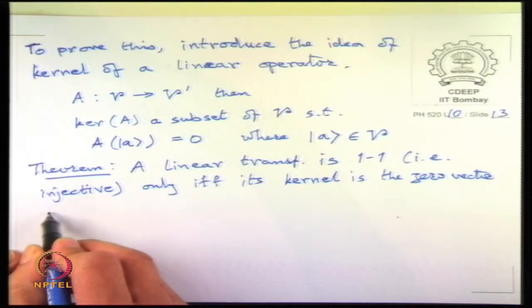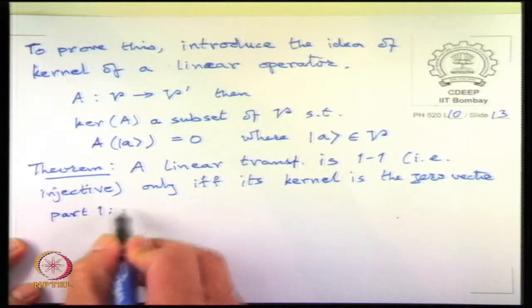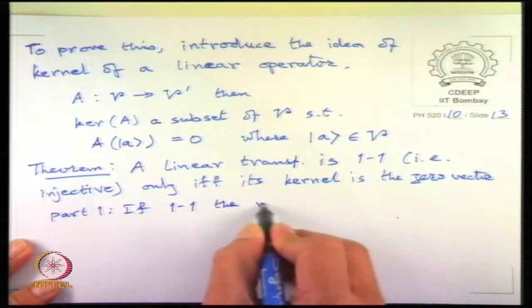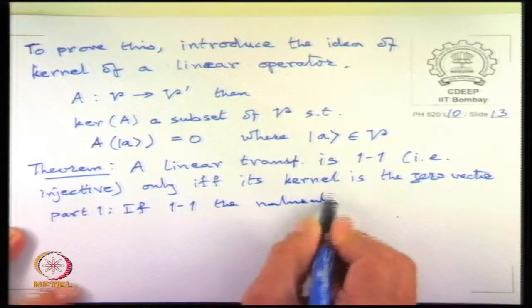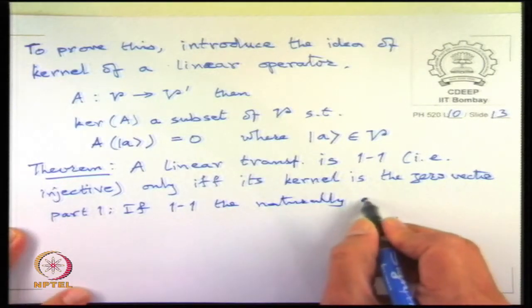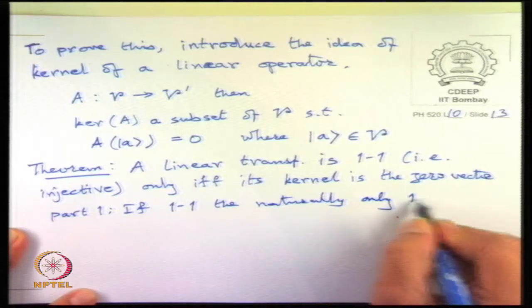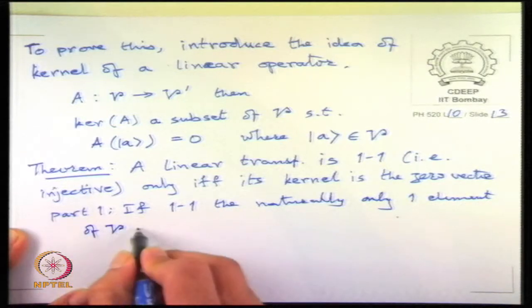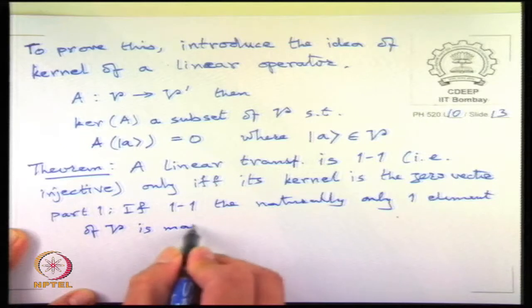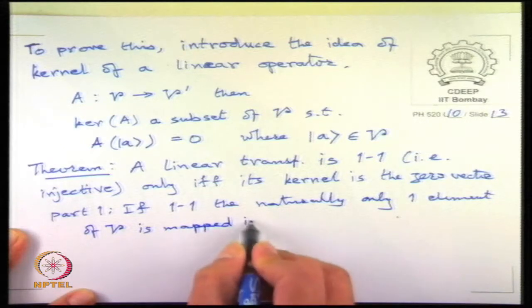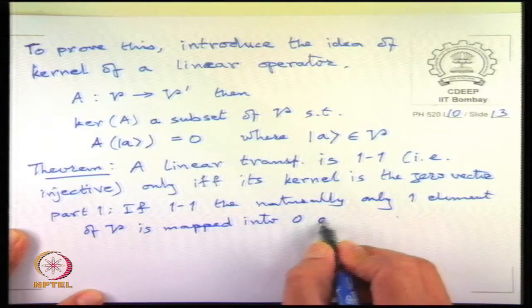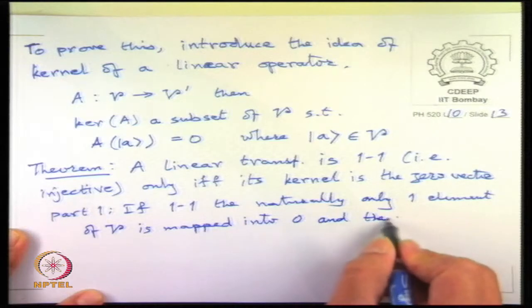So part 1, there is only one element, V, that is mapped into zero, and that element must itself be 0.